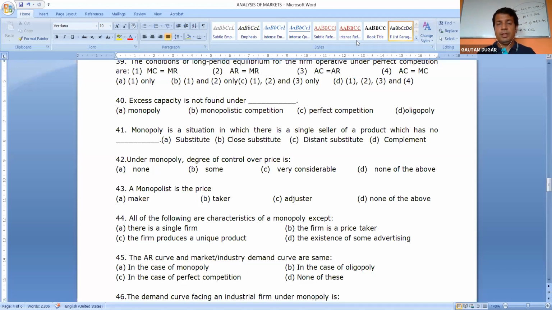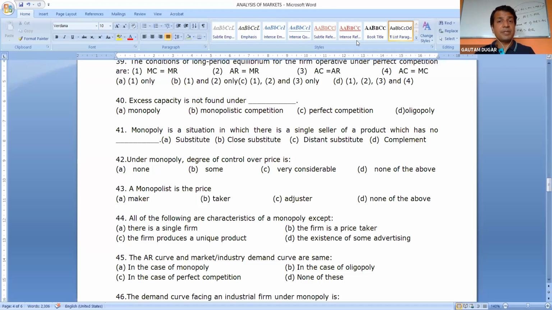Remember, under imperfect competition, every firm will operate at a point less than the optimum capacity. That is, in every firm there will be an excess capacity under imperfect competition.